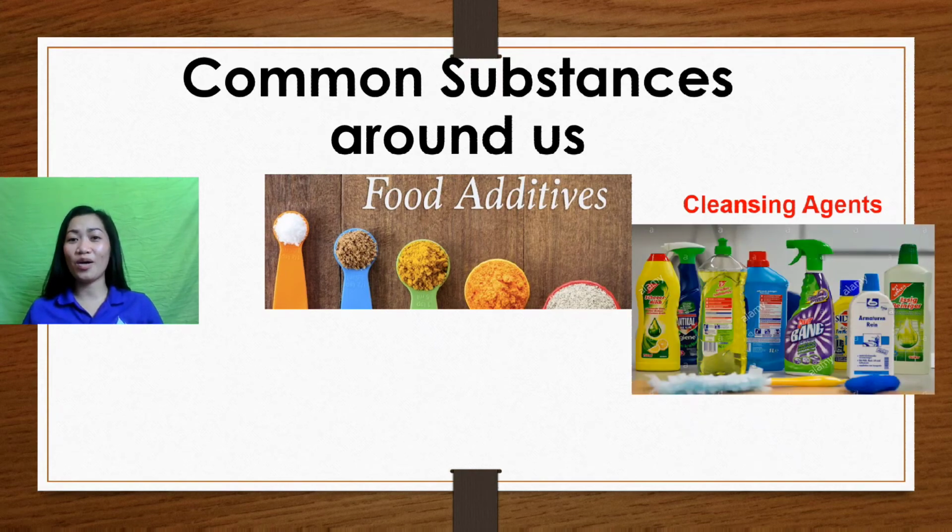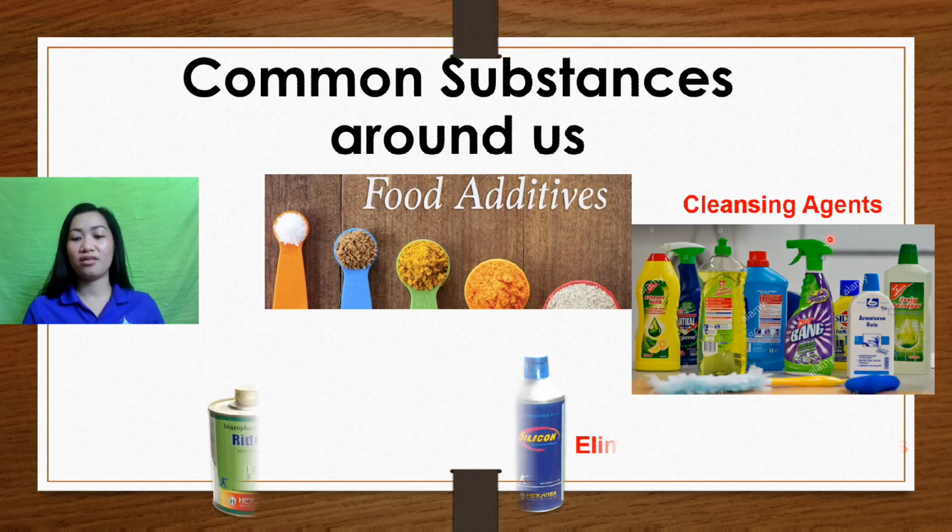We also talked about another substance, called cleansing agents. So we have the soap, the shampoo, the detergent bar, and the dishwashing soap. Those are examples of cleansing agents.